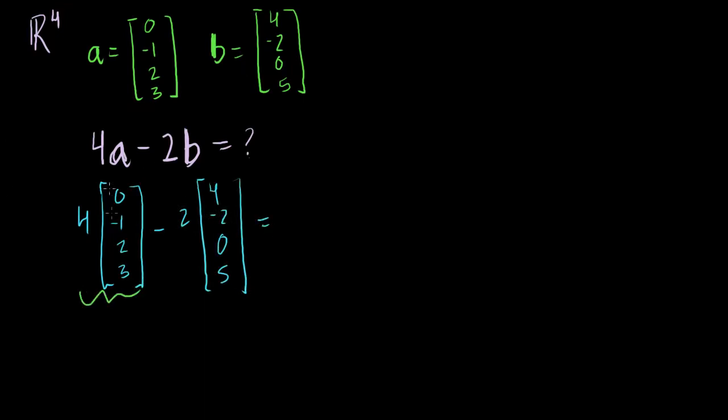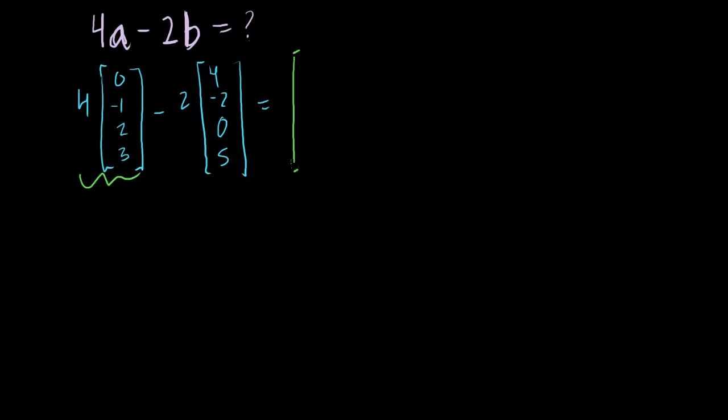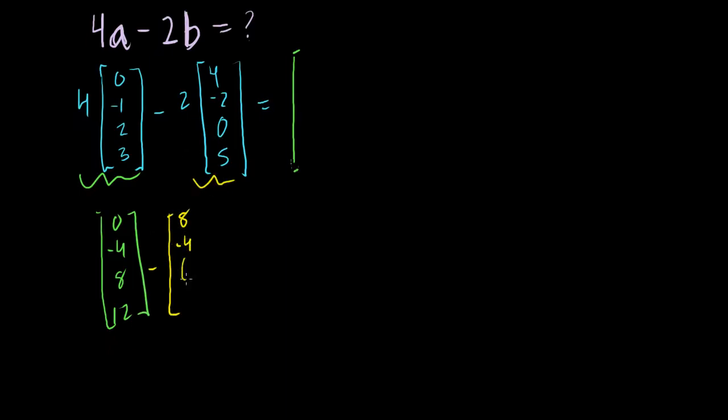This term right here, 4 times this, you're going to get 4 times 0 is 0, minus 4, 8. 4 times 2 is 8. 4 times 3 is 12. And then minus, I'll do it in yellow, minus 2 times 4 is 8. 2 times minus 2 is minus 4. 2 times 0 is 0. 2 times 5 is 10.